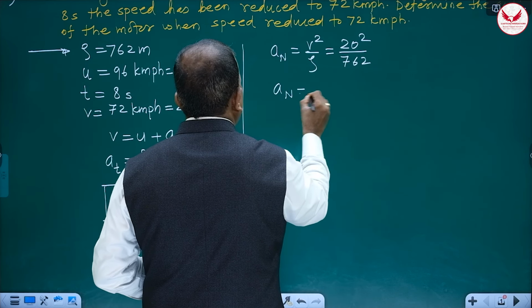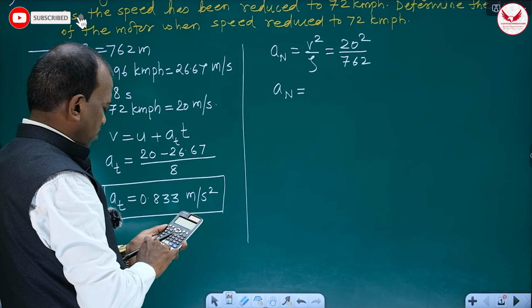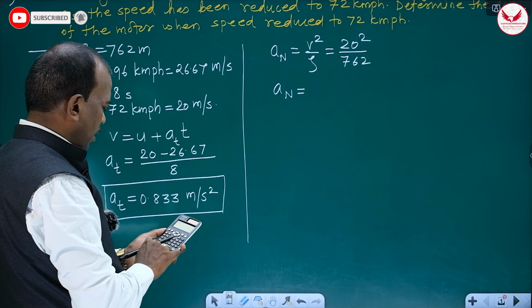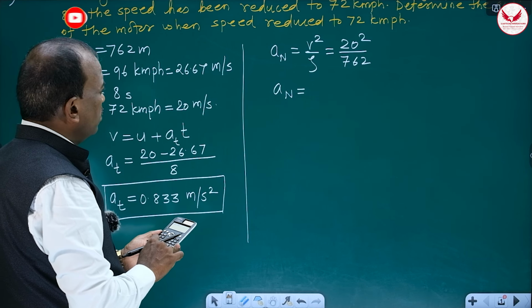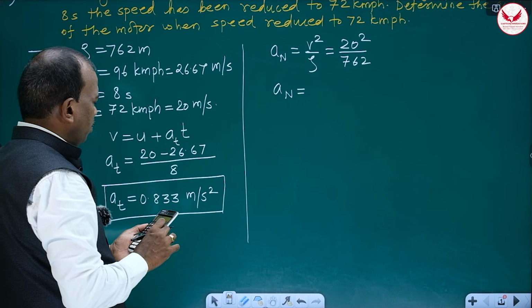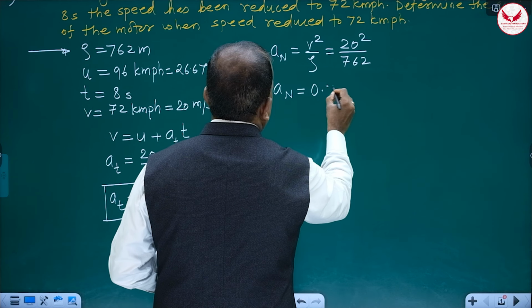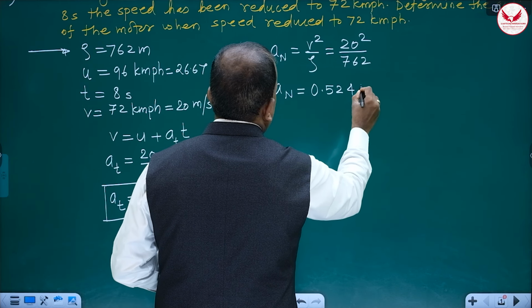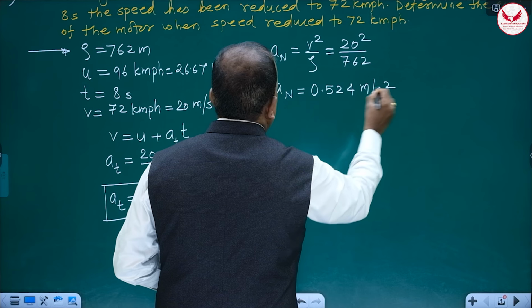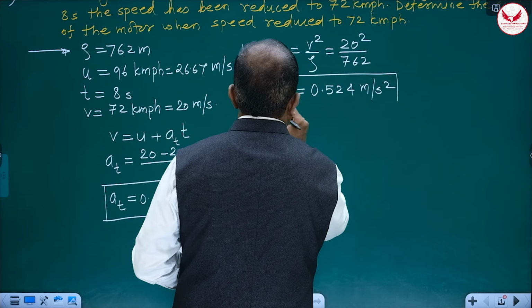Then an is what? 400 divided by 762. It is equal to 0.524 meters per second square. This is the normal acceleration.